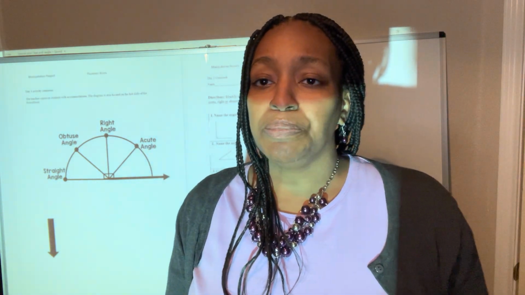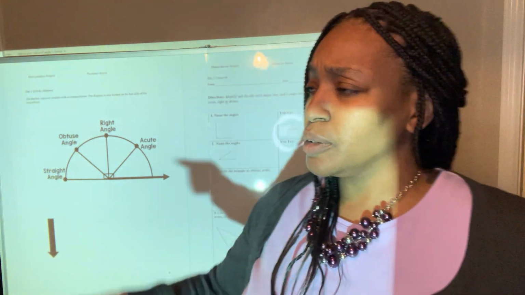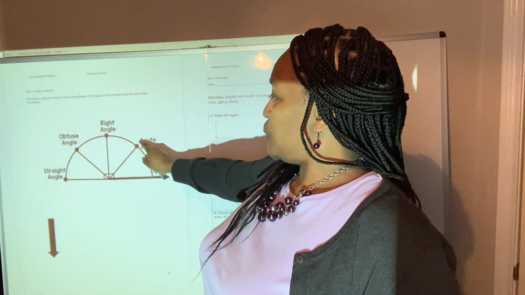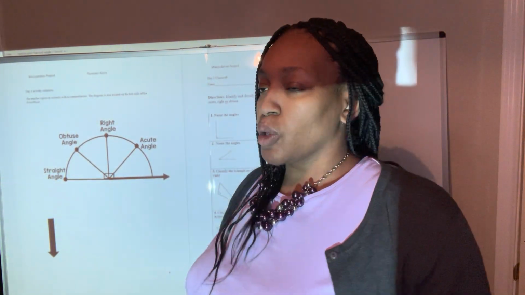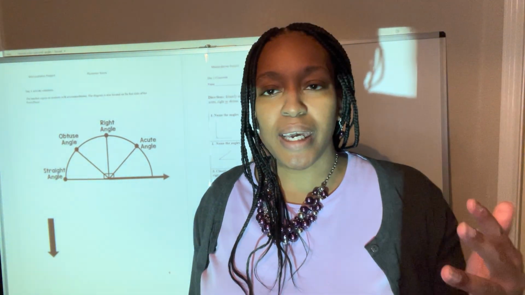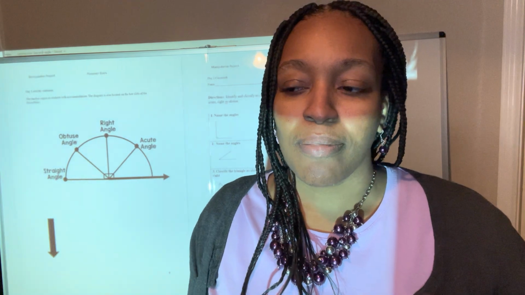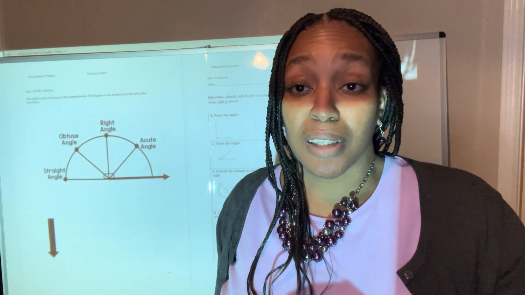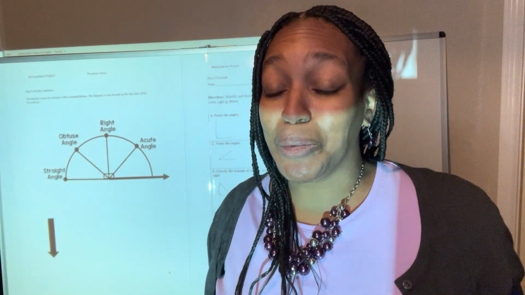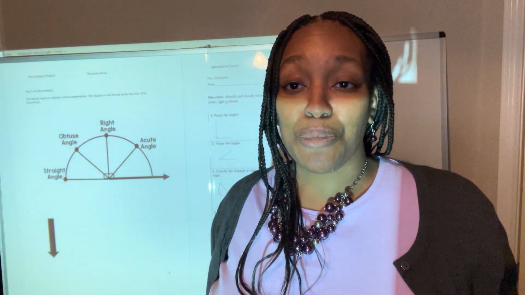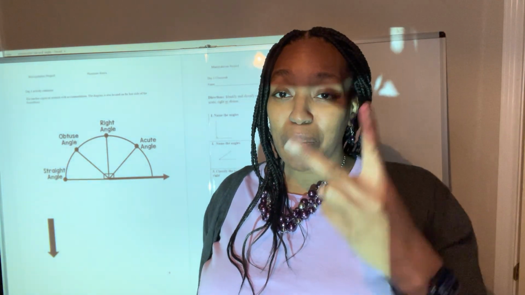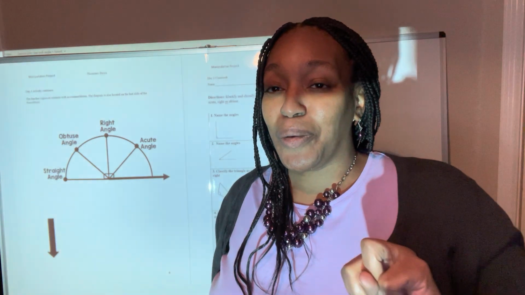So the first one that we learned about was the acute angle. On an acute angle, what hand signal do you think you will use? Close, but something you would normally do anyway, I've seen a lot of your pictures, is the peace symbol. Y'all go peace in your photos.